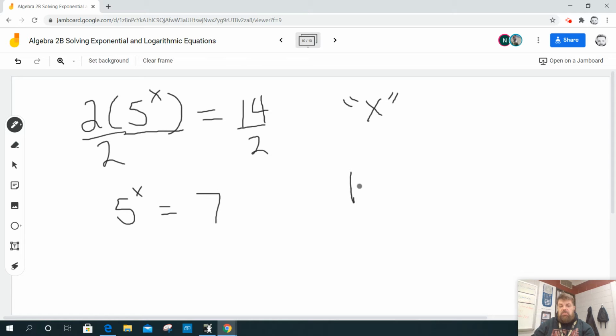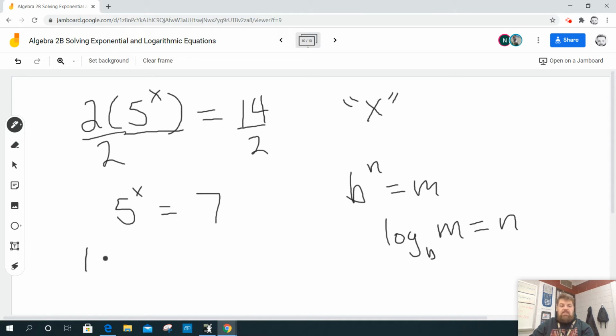Now remember, if I say b to the n equals m, that's the same as the log base b of m equals n.